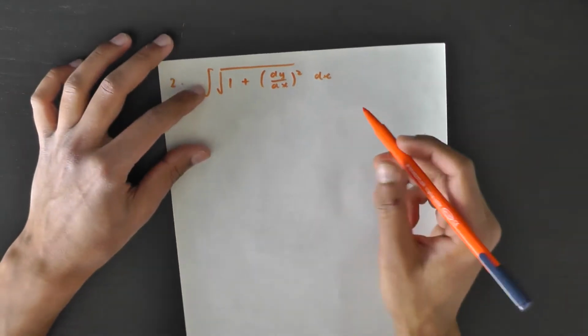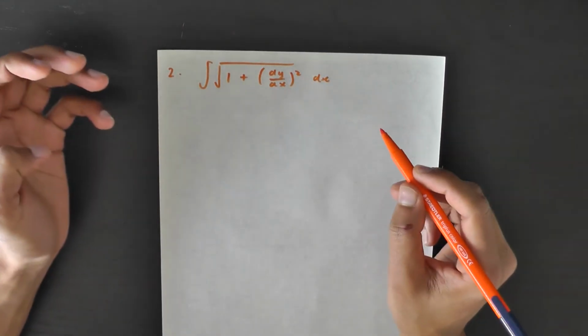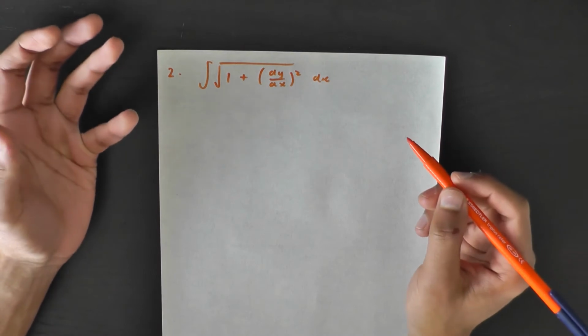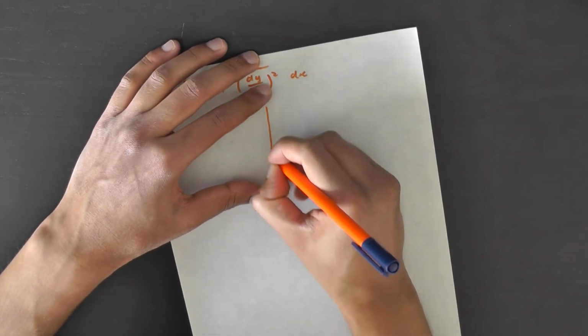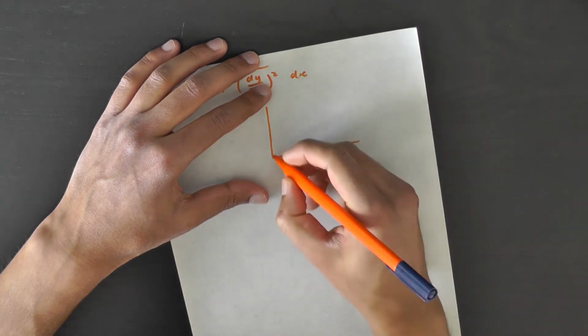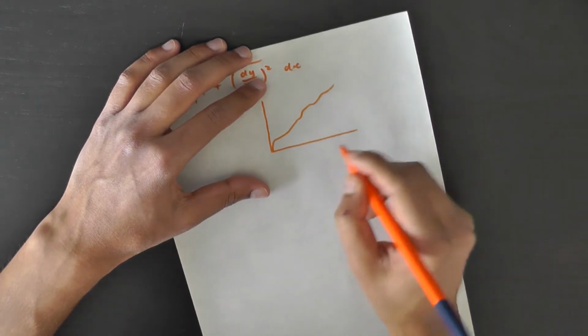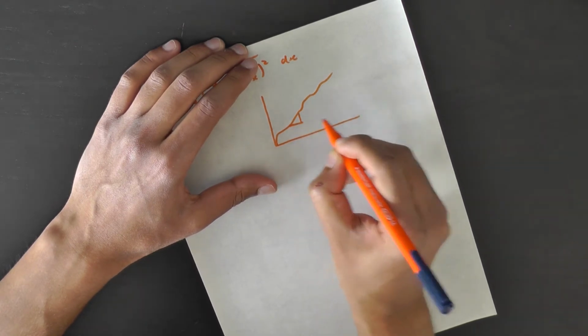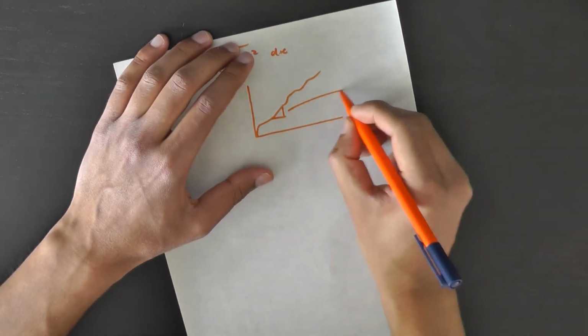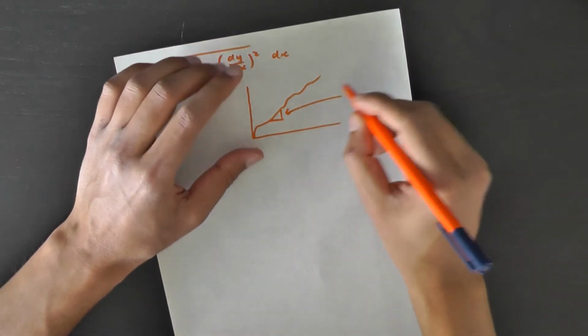It gives the length of a line or a function between two points. If my function looked like this, then what it does is Pythagoras, on a very small scale, and it sums up these very small distances.